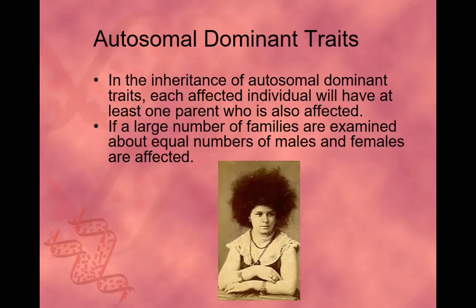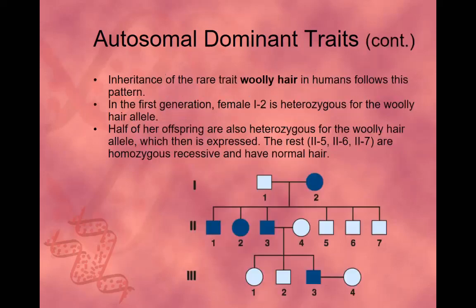If a large number of families are examined, about equal numbers of males and females are affected by an autosomal dominant trait, because remember, autosomal is one that's found on the body chromosomes 1-22, not found on the sex chromosomes of X and Y. So here's our Punnett square. When we take a look at this, notice that female 1-2 is heterozygous for the woolly hair allele.